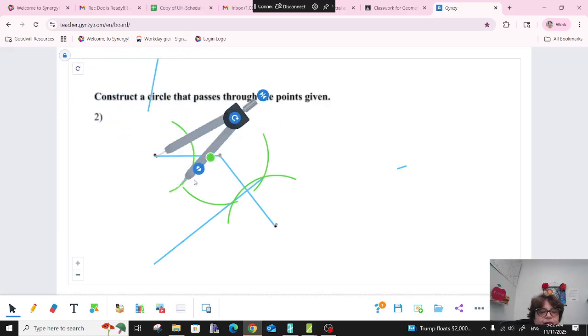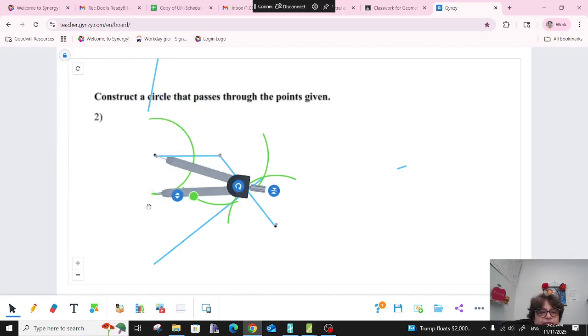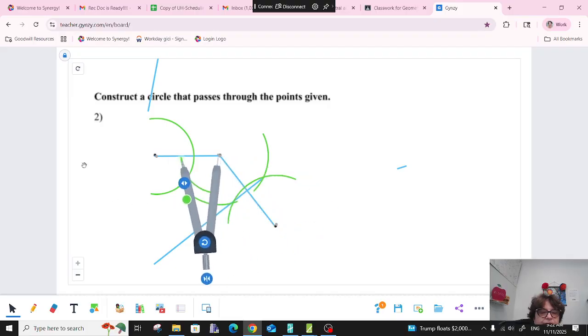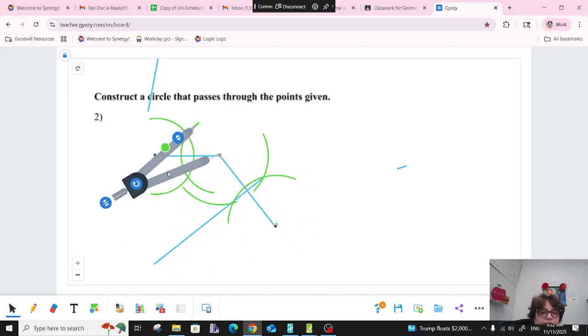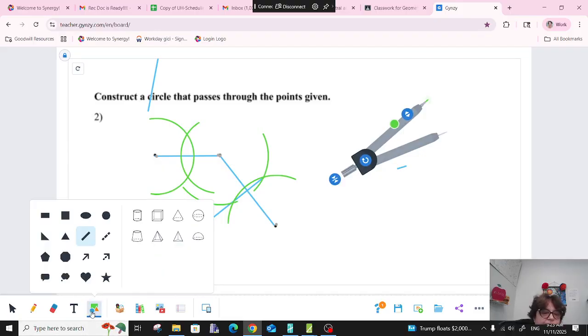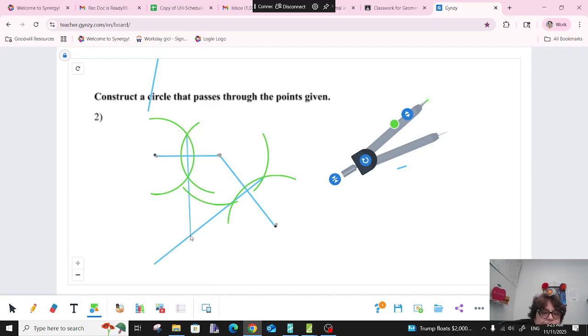Draw an arc above and below the line. Flip the needle. Same thing. Then you are going to draw the line through this and make sure it intersects the other line.